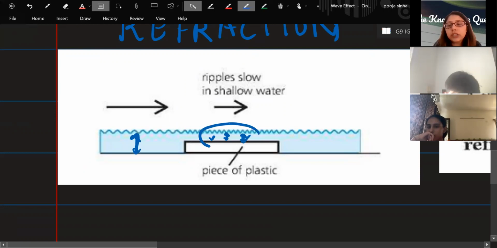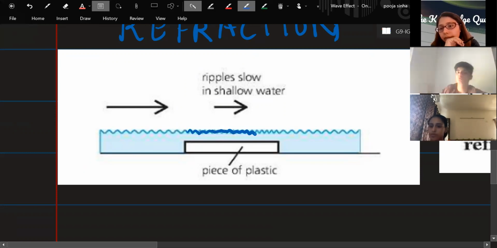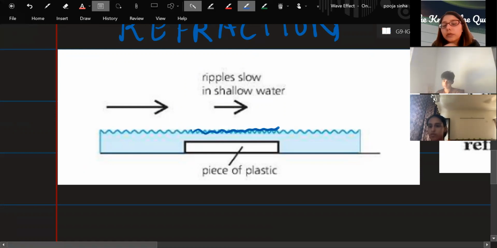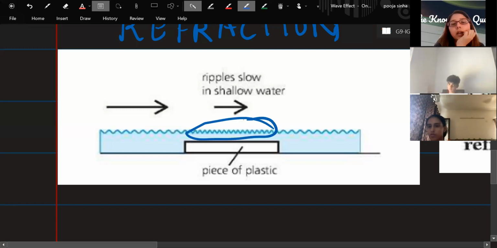So here it has become shallow water, and the moment it is shallow water, look at the waves being created here. What is happening to the waves? More frequent, I guess? No, actually it is trying to show that in shallow water they are slowing down. It's just to show that they are slowing down at this particular part.